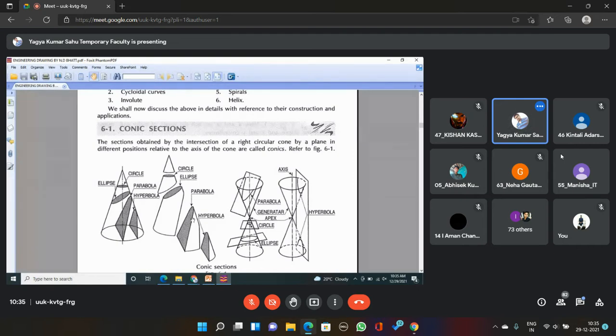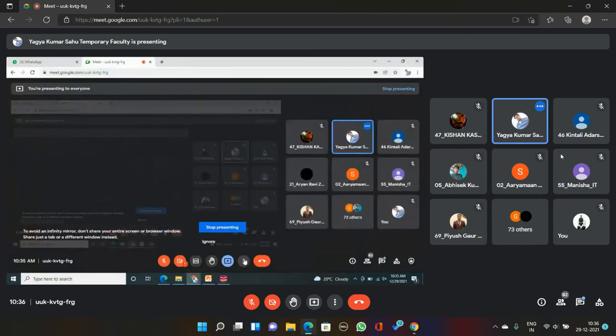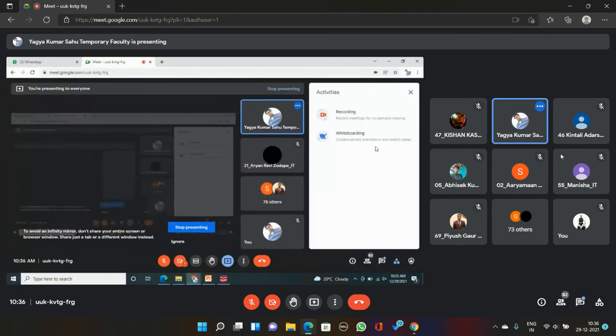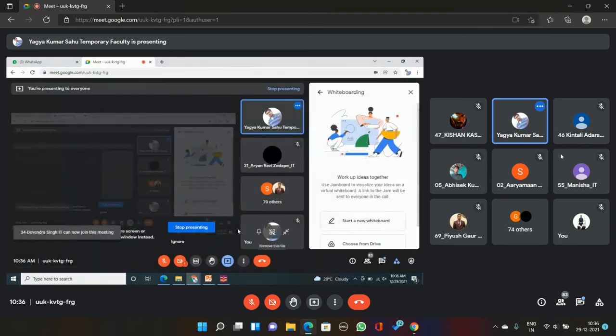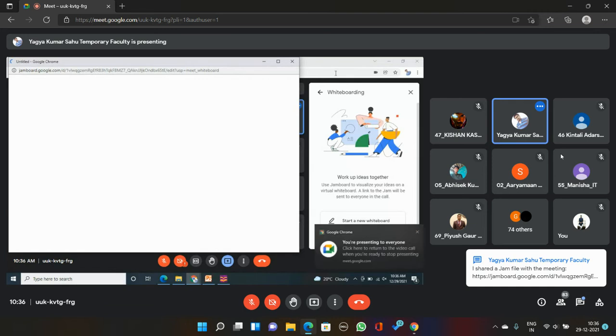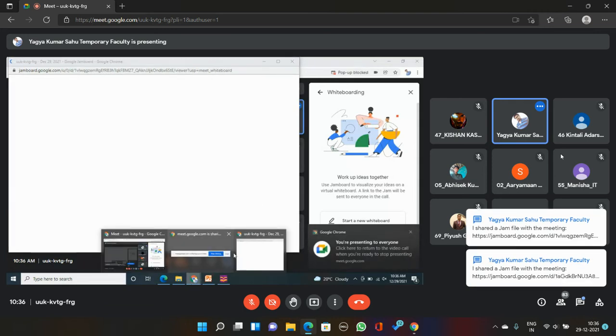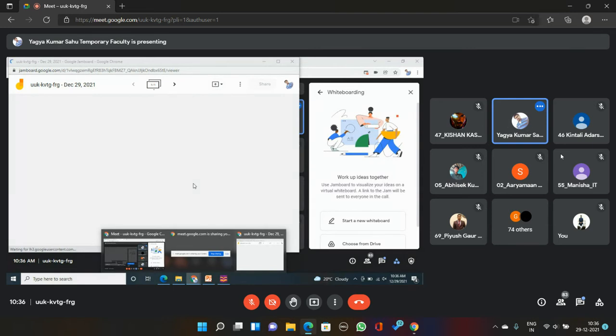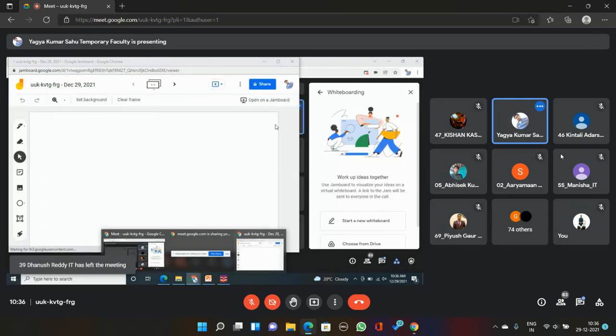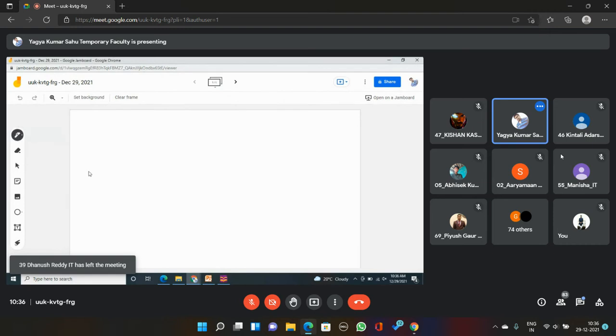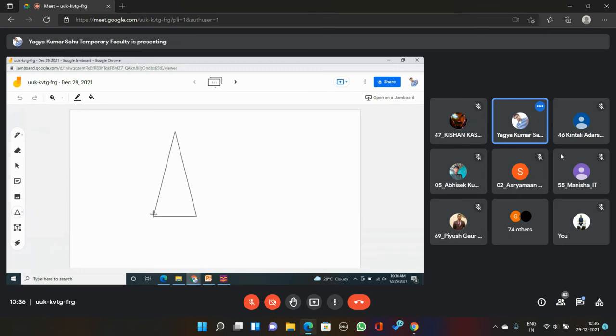Are you getting this? Yes, sir. Okay, when a right circular cone is cut by a plane parallel to the base... Suppose this is the front view of a cone in a simple position, a right circular cone.